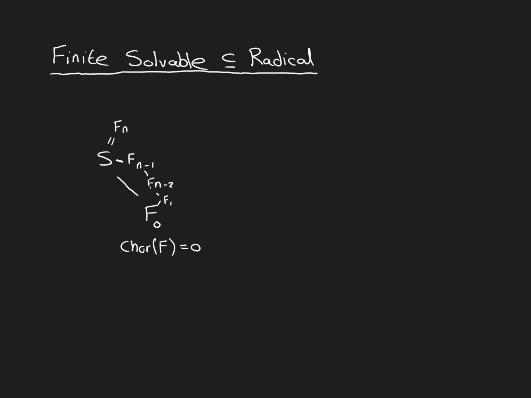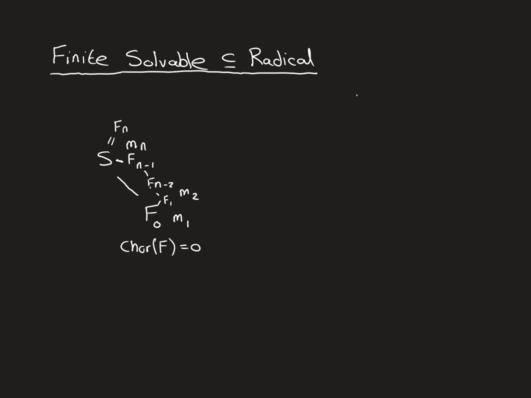Now all of these have a degree, so let's give those degrees a name. We'll give the degree of F1 over F0 the name m1. We'll give the degree of F2 over F1 the name m2, and then it will go all the way up to mn, which will be the degree of Fn over Fn minus 1.